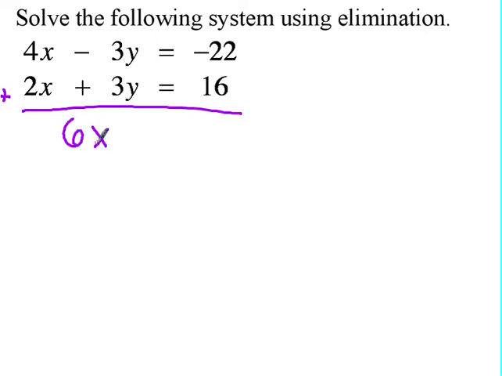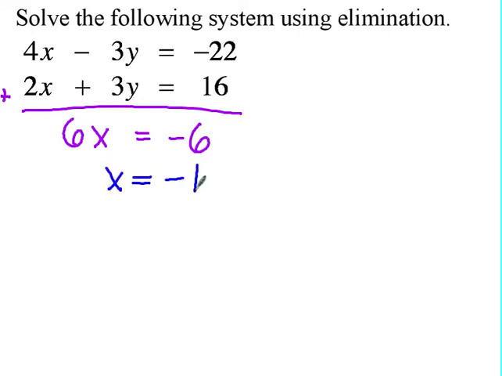The 3y and the negative 3y cancel. They give me 0. Equals, on the right side I have negative 22 and positive 16. Negative 6. So then now I'm going to divide, and I get x to equal negative 1.